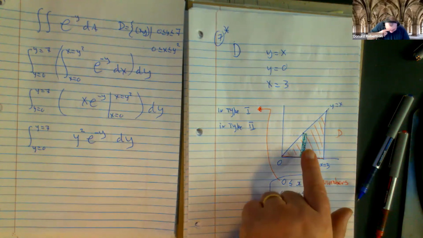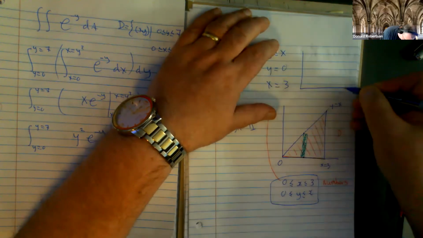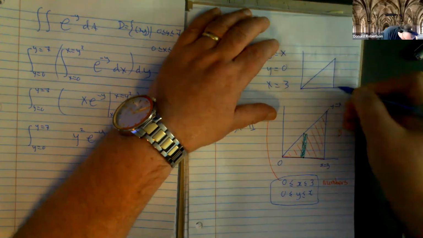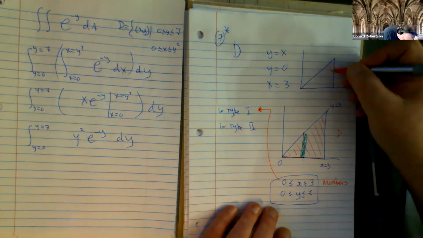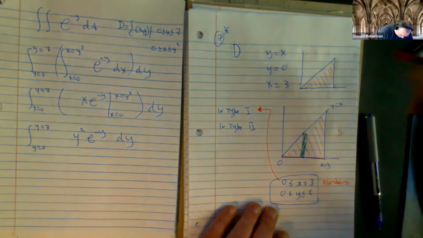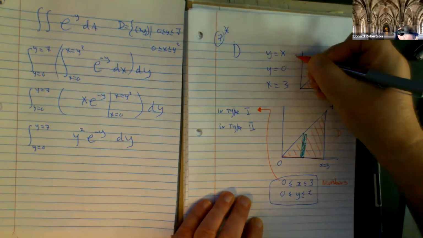Now this picture probably has too much in it, so I'm going to redraw it up here. Okay, and this is the region that we're going to describe. And by the way, since this is 3, won't this guy over here be 3? Right?